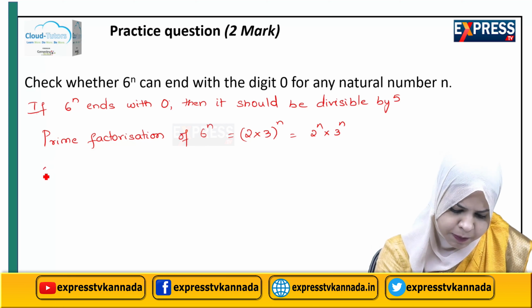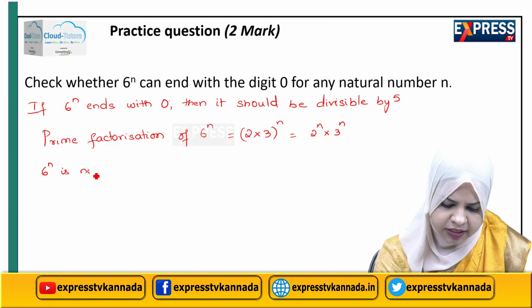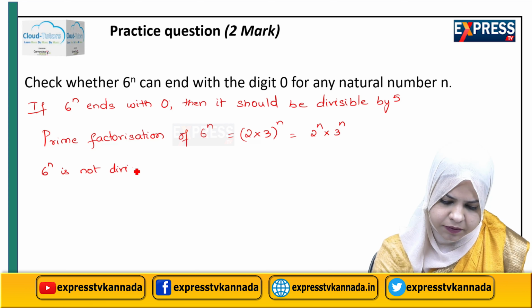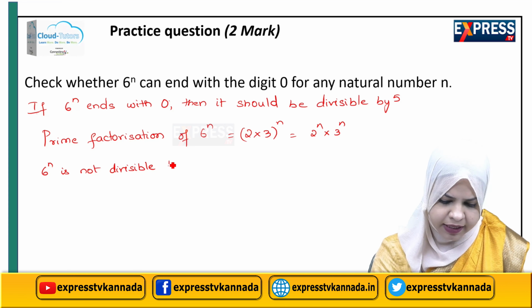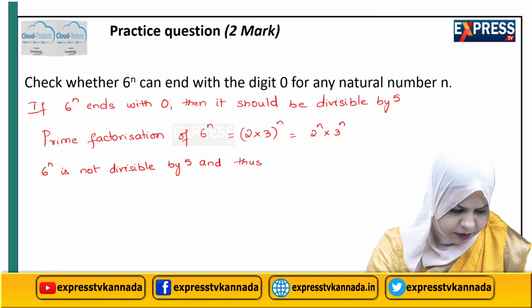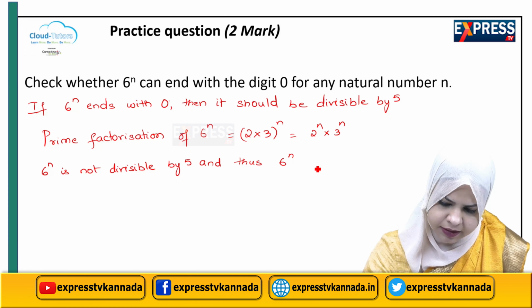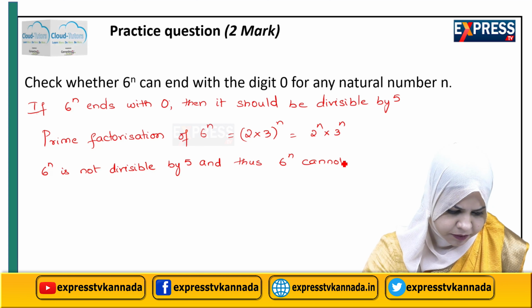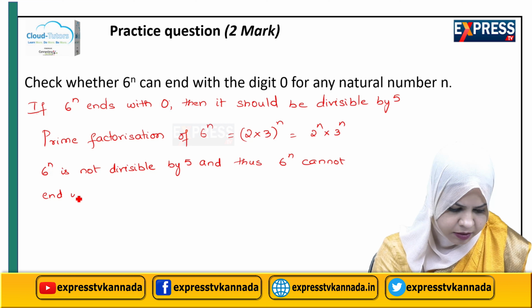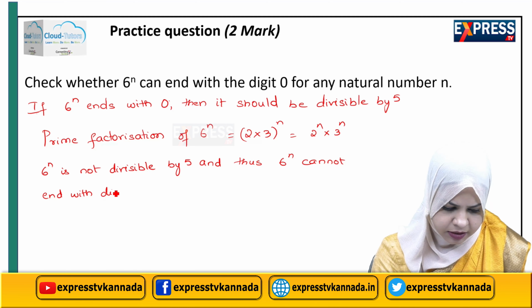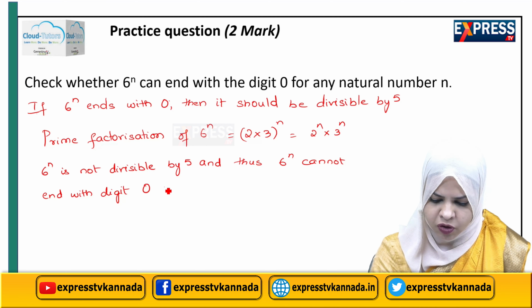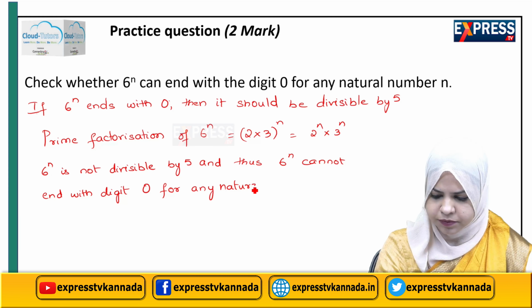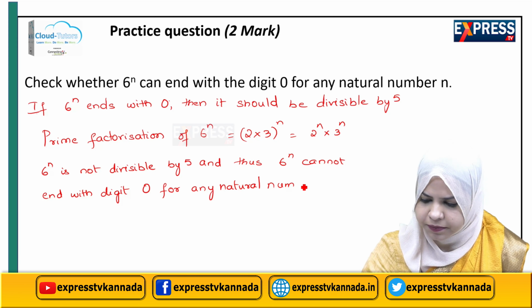So 6 power n is not divisible by 5, and thus 6 power n cannot end with digit 0 for any natural number n.